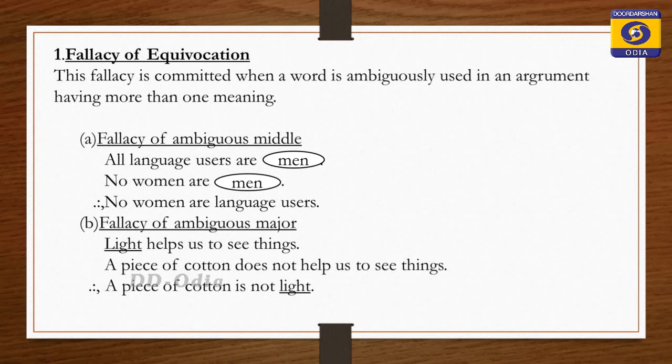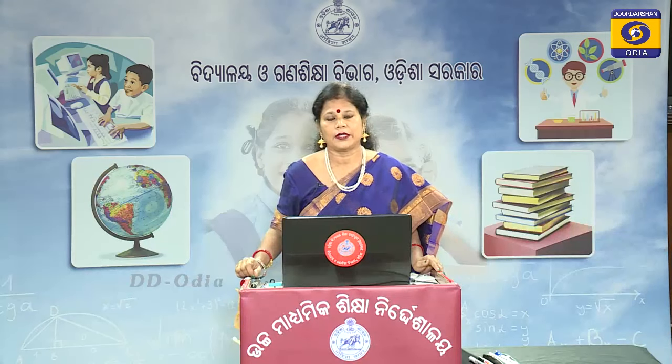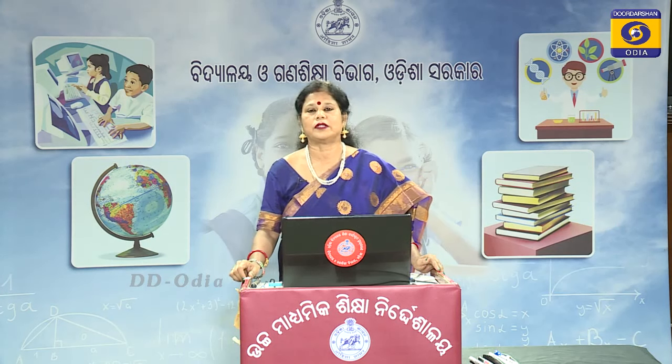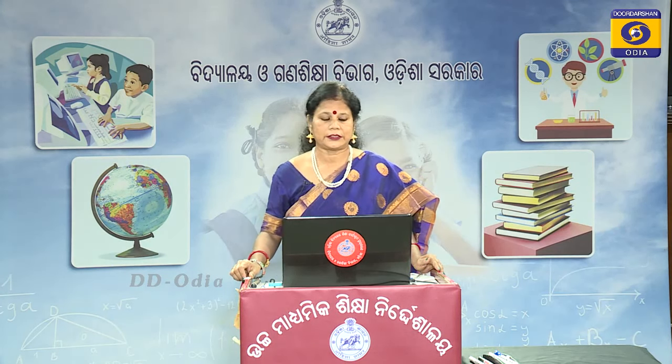Now, what is this fallacy of equivocation? When a word is used ambiguously in an argument, then we commit the fallacy of equivocation. You know, in a syllogism, we have three terms: the major term, the minor term, and the middle term.